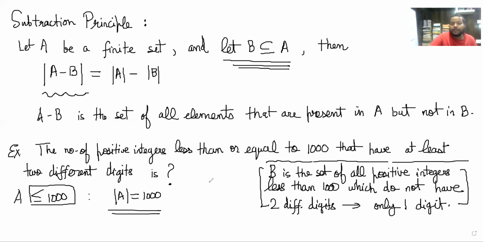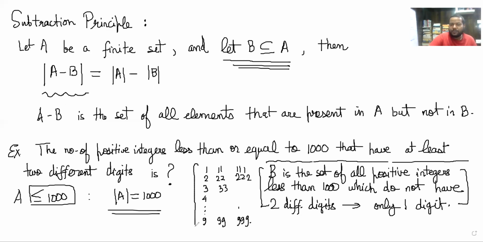So what is B? B could be 1, 2, 3, 4 till 9. These are one digit numbers, so all of these definitely have no two different digits, right? Also you could have 11, 22, 33, so on till 99. And similarly 111, 222, so on till 999.